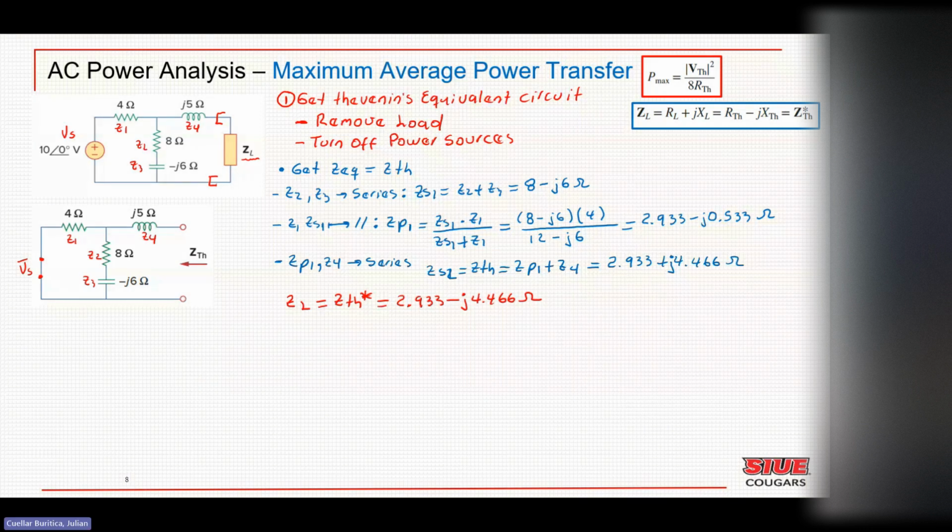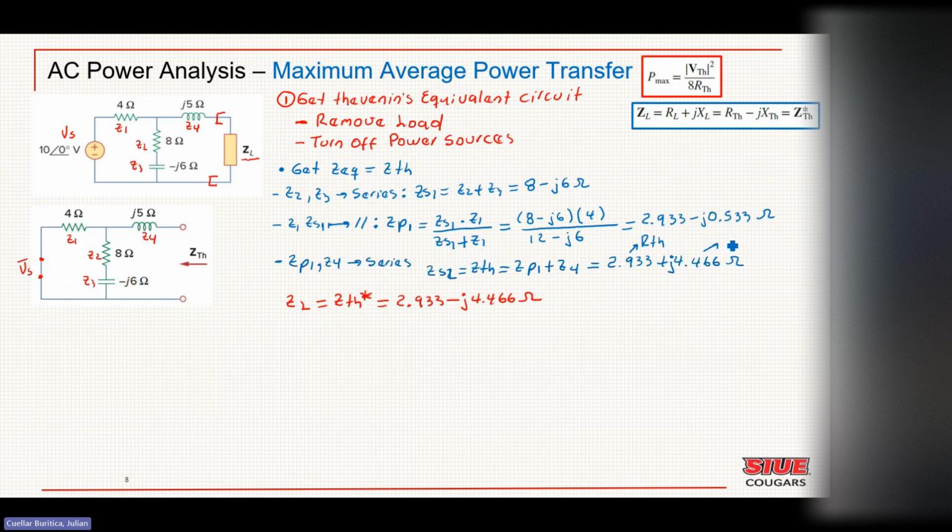Now, we need to compute the power, but for the power, we already have our Thevenin resistance. Our Thevenin resistance is here, 2.933. Let's remember here, this one is our Thevenin resistance.